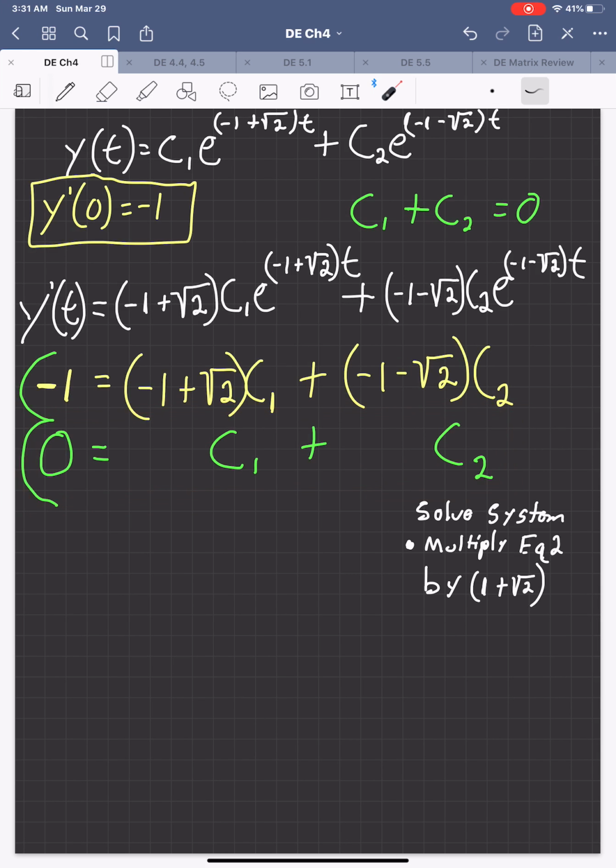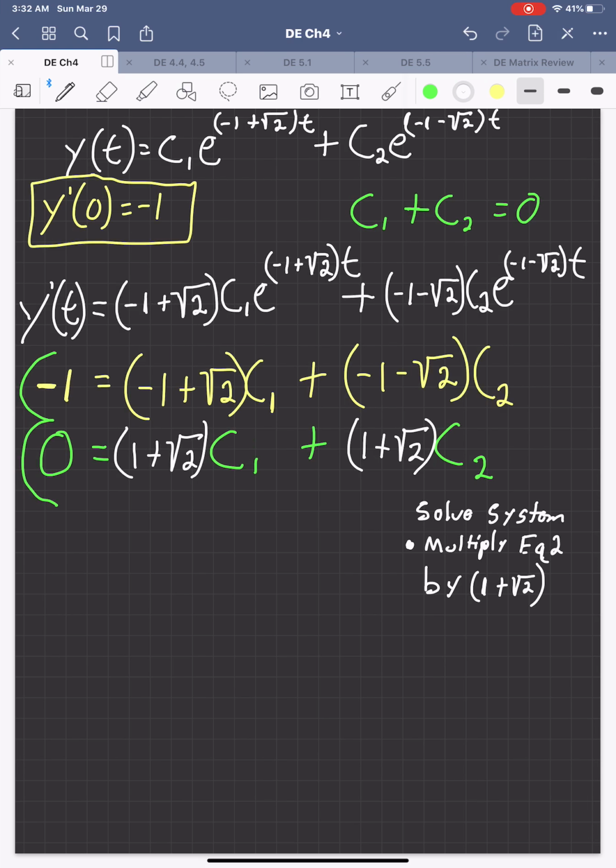Okay, so obviously 0 times 1 plus the square root of 2 will remain 0, but I'm going to have a 1 plus the square root of 2 here, and I'm going to have a 1 plus the square root of 2 here. So that's going to be 1 plus the square root of 2 and 1 plus the square root of 2.